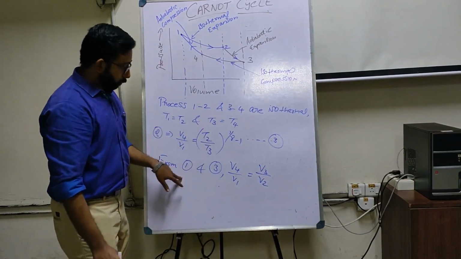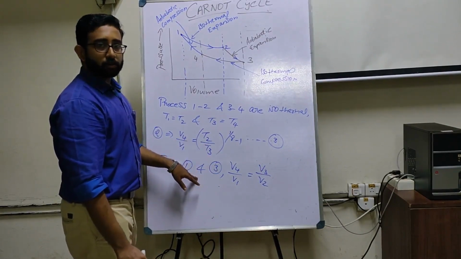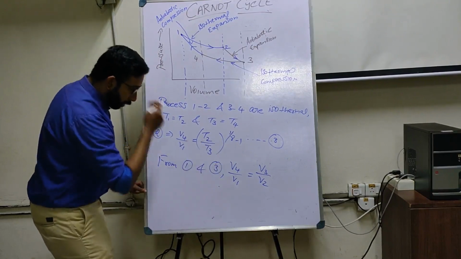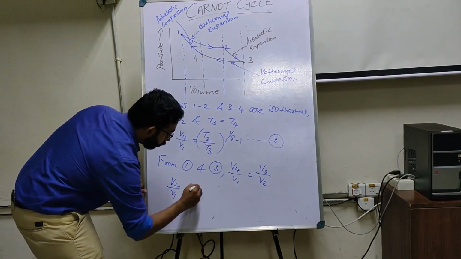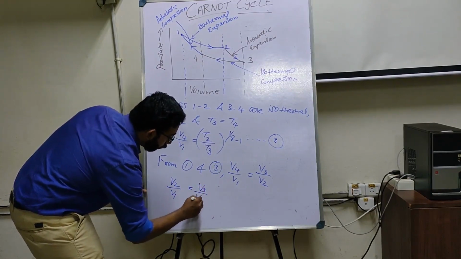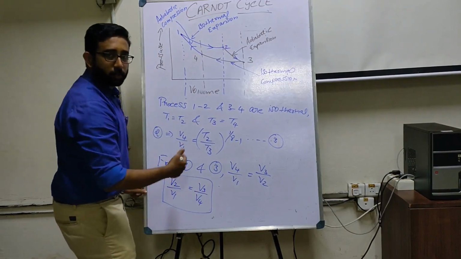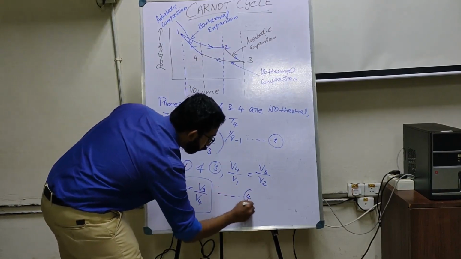That is, for equation 1 and equation 3, the right hand side is the same, so the left hand side should also be the same. So when I rearrange this equation, I can write V2 by V1 is equal to V3 by V4, and we need this expression later. So I am giving this as equation 4.